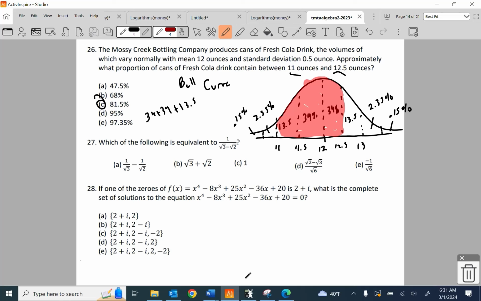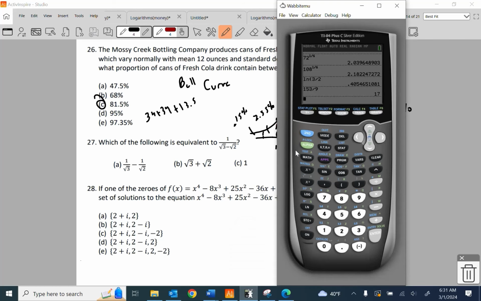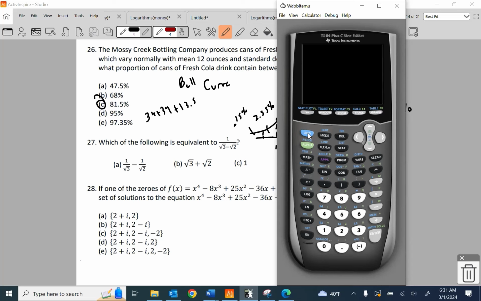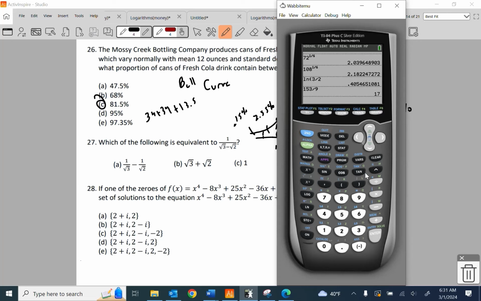Oh, there is a way to do this in a calculator too. The calculator will be a little more accurate than these answer choices. Oh, where is that at? Under vars? No, under vars. Second vars. Is it normal or inverse? Let's do inverse norm.